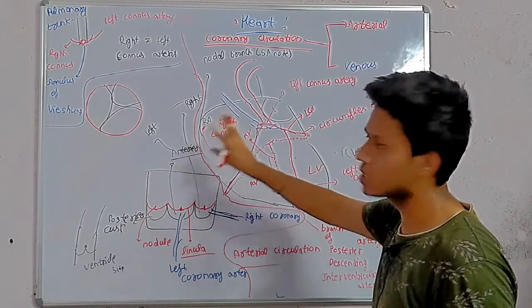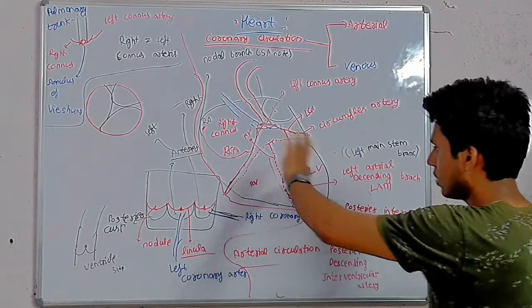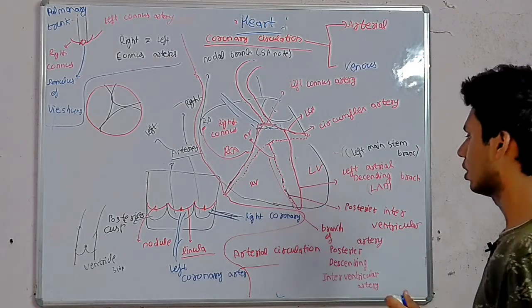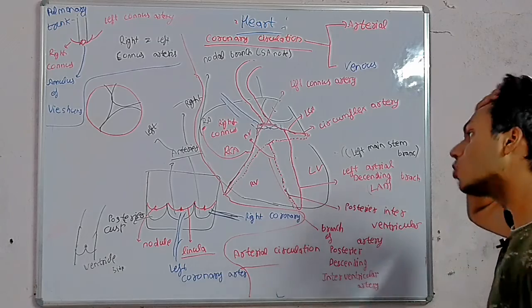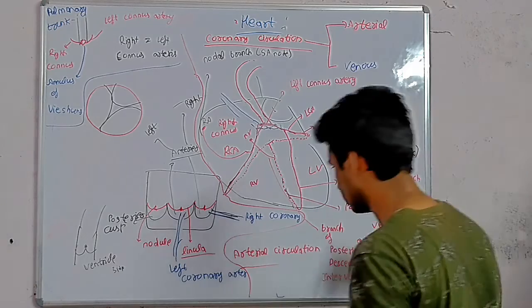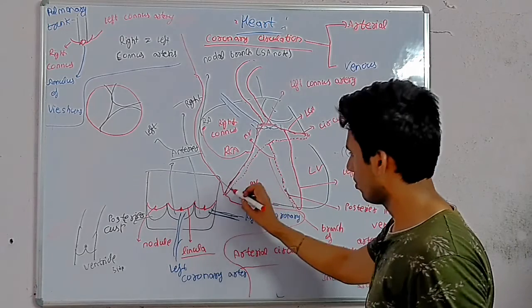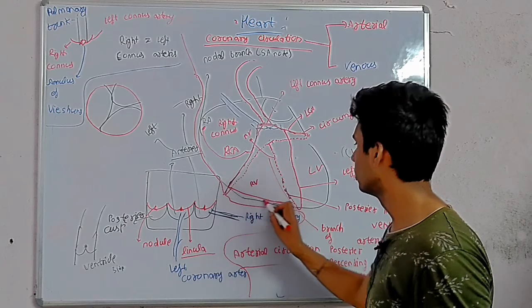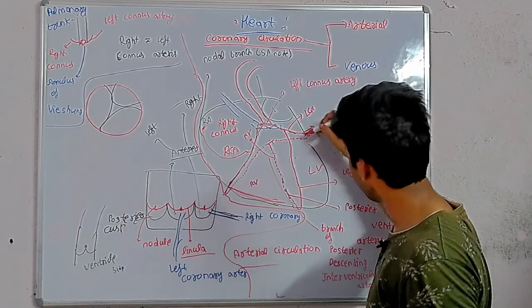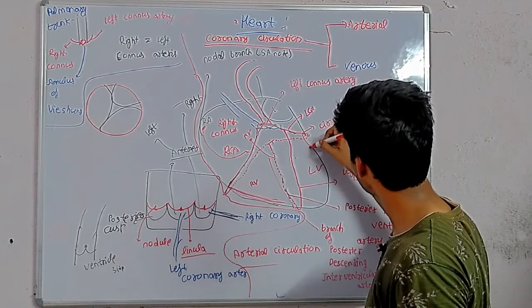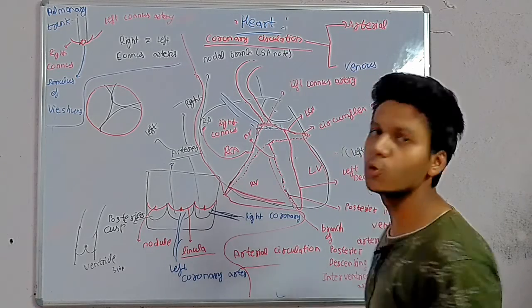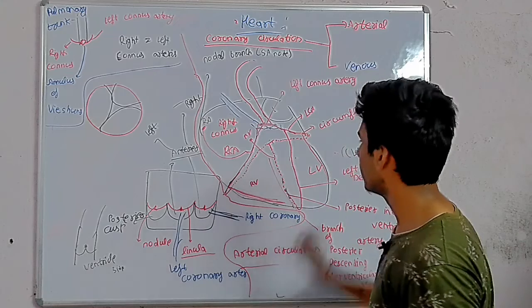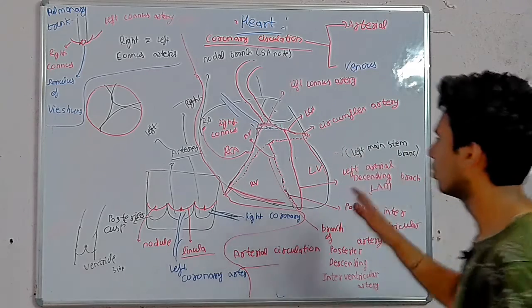Done. Two nodes supplied, chambers supplied, and some marginal arteries are also formed from this. There is a small marginal artery from here. This is a marginal artery, and here is another marginal artery from the circumflex artery. These are the two marginal arteries. Some diagonal arteries also complete. First note this.